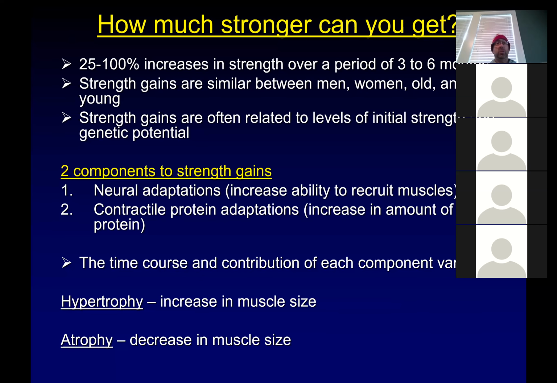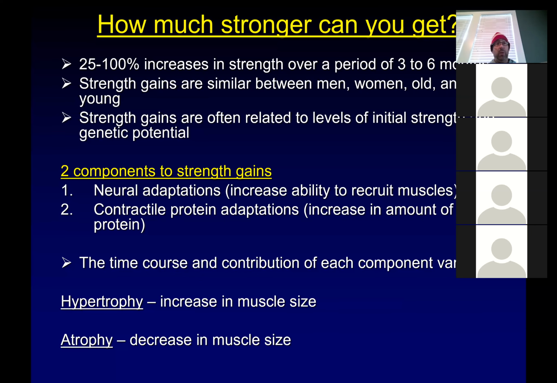The really cool thing to me about all of this is that the changes in strength are going to be relatively similar between men and women, old people and young people. The difference is going to come in what is your initial level of strength. We have to express how much stronger you're getting relative to how much you can lift initially.